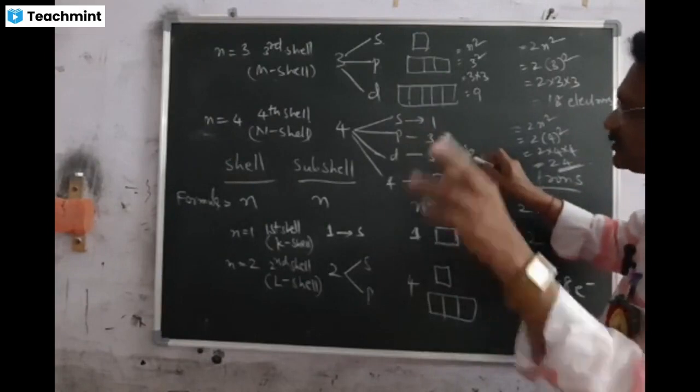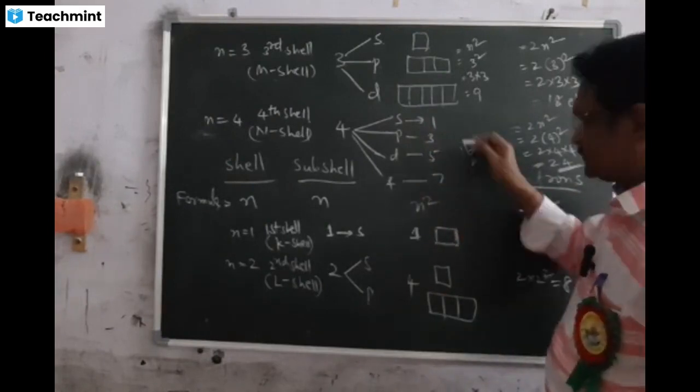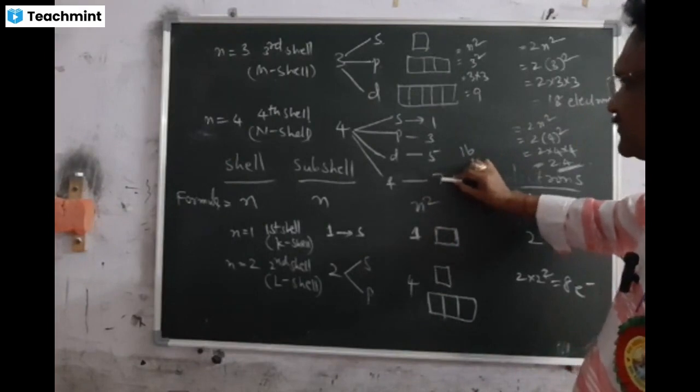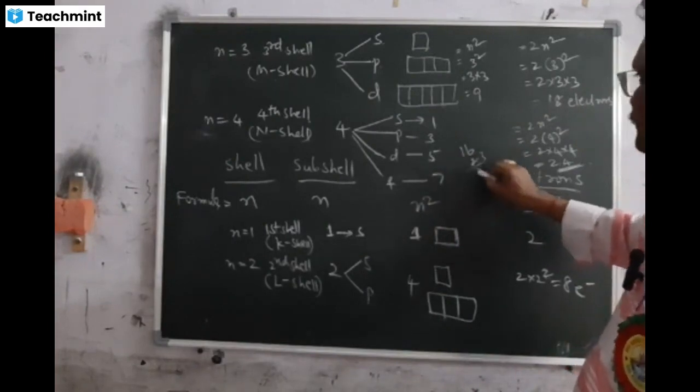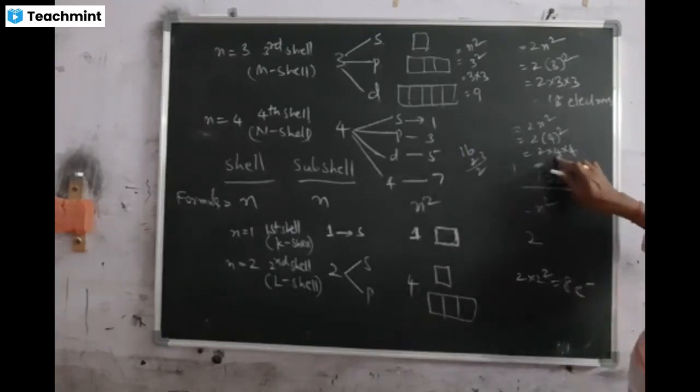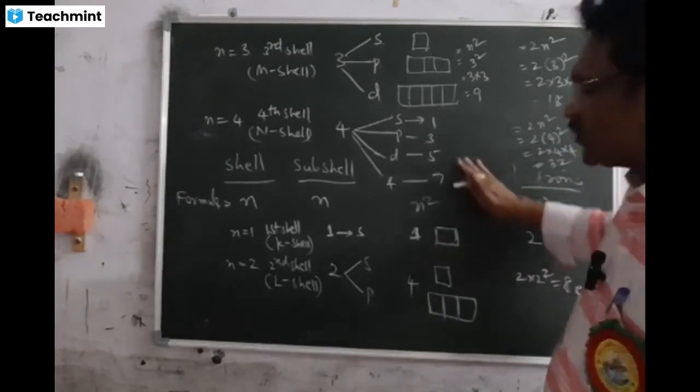Each orbital holds 2 electrons. 16 2s are 32 electrons. Okay, Lucky.